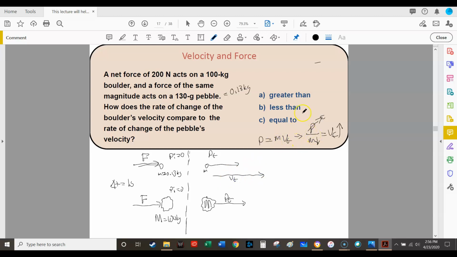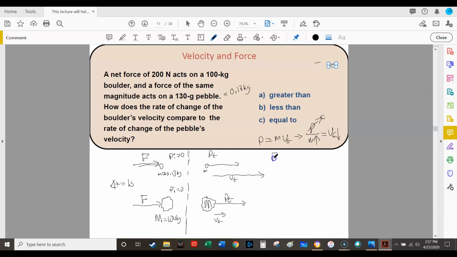And the weird part is, if you've got a larger mass, that boulder has a much larger mass, so it's going to have a much smaller velocity. So I'm predicting that its final velocity is going to be small. There's a way to do all the math together.